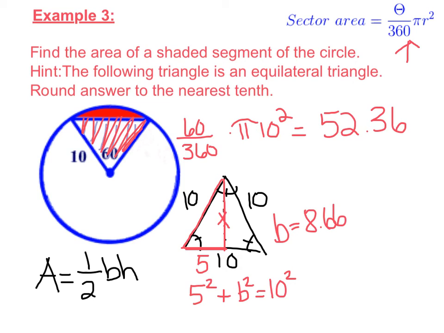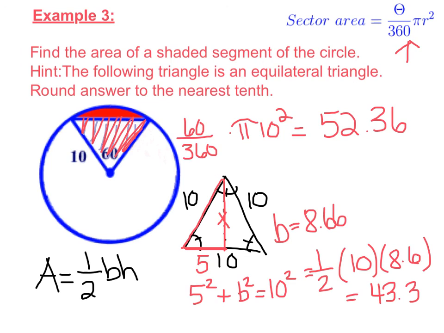Okay, so that's our height. So now we need to find the area of the triangle. So that's going to be 1/2 base 10, height is 8.66. Okay, so the area here will be 43.3.